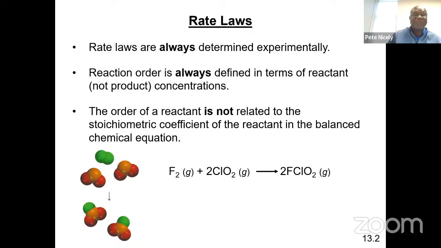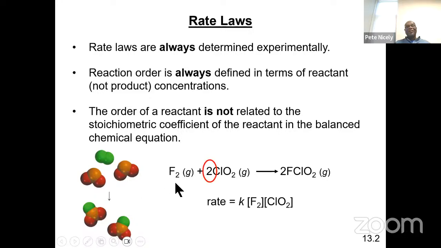So for example, in the reaction that we looked at, the reaction between fluorine and ClO2, you'll notice that it's a 1:2 mole ratio between the fluorine and the ClO2, right? There's a coefficient of 2 here and a coefficient of 1 here, right? But when you determine the rate law, what do you notice? There's no 2 here, right? So therefore, there's no real direct relationship between the coefficient and the order of the reaction with respect to the particular reactant, all right?